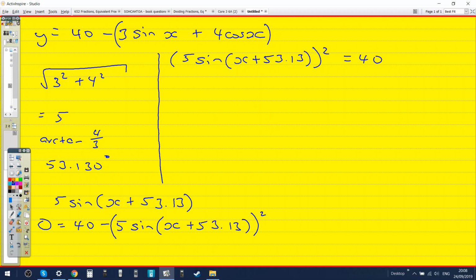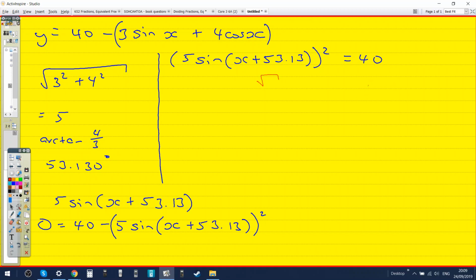What's next? Could you expand the brackets? That'll probably make your life more difficult. Right. 40. Could you square root both sides? Yep.